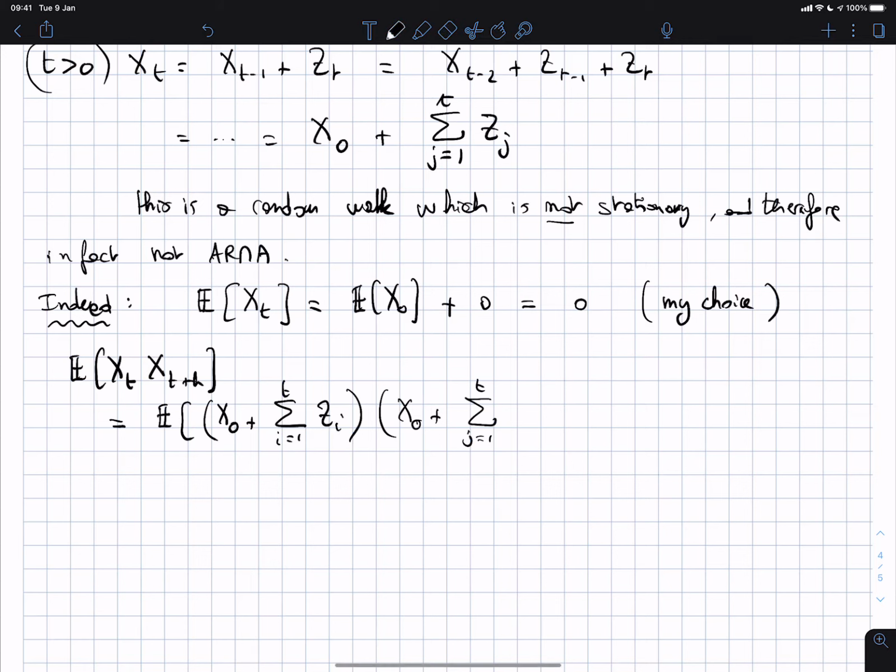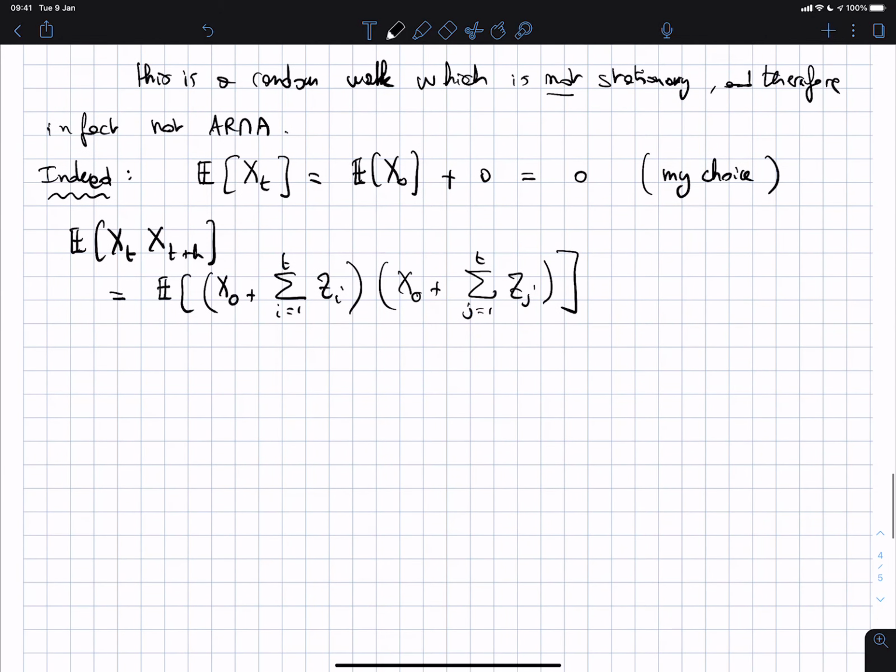Sounds reasonable. And I simply develop this now. I will be left with the sum here, not squared, this sum here.